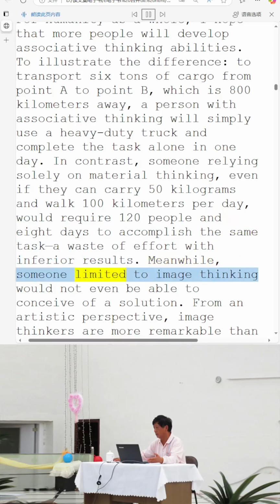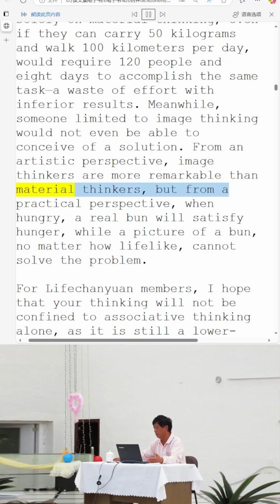Meanwhile, someone limited to image thinking would not even be able to conceive of a solution. From an artistic perspective, image thinkers are more remarkable than material thinkers, but from a practical perspective, when hungry, a real bun will satisfy hunger, while a picture of a bun, no matter how lifelike, cannot solve the problem.